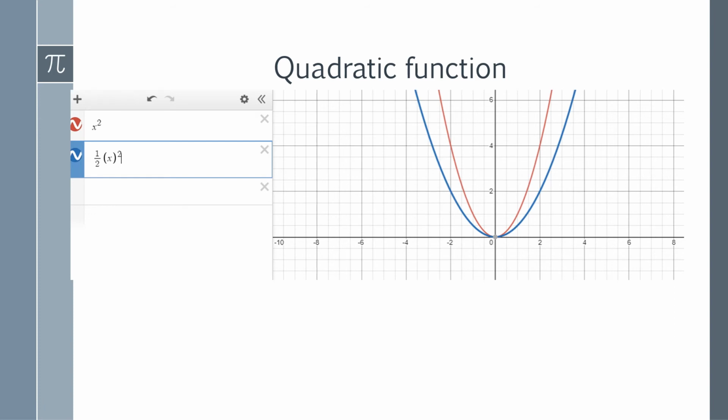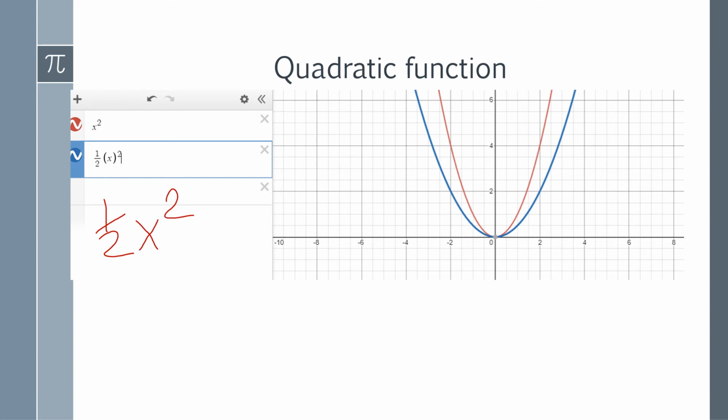I will give you something that looks like this. So let's look at it. The x squared is the original, and the 1/2 x squared is the transformation.